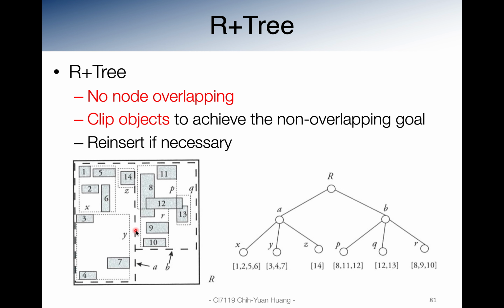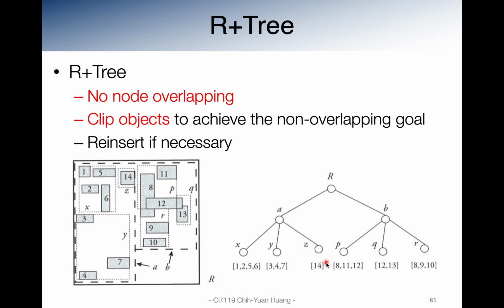They touch each other, but they are not overlapped. And inside the A node, we have the X, Y, and Z nodes. We have X over here, Y over here, and Z over here. So we have these three nodes inside A, and X, Y, Z handle different entries.